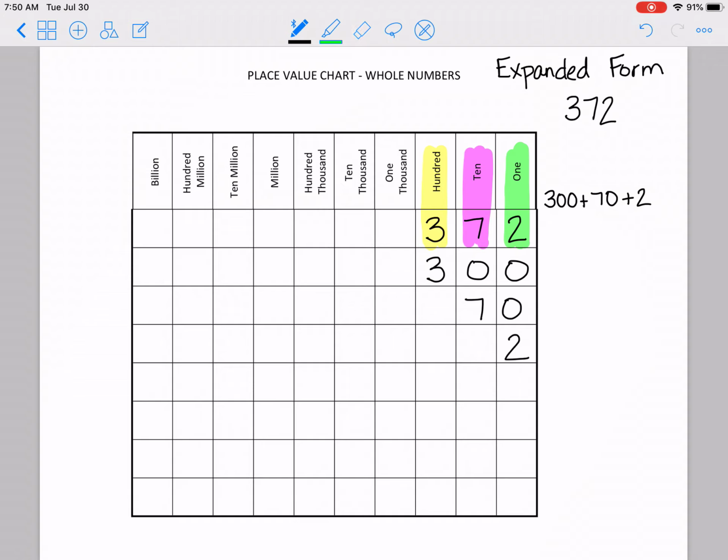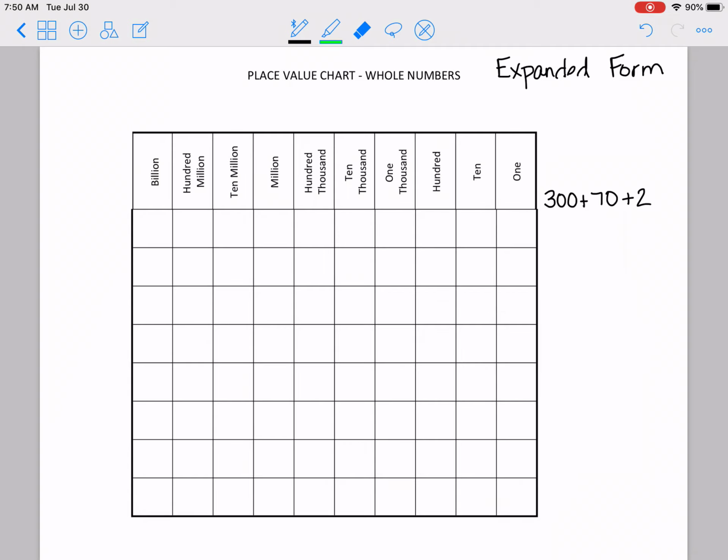If we look at another number, let's look at a little bit bigger number this time. 27,084.